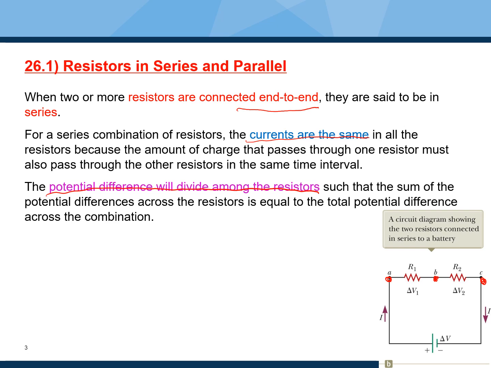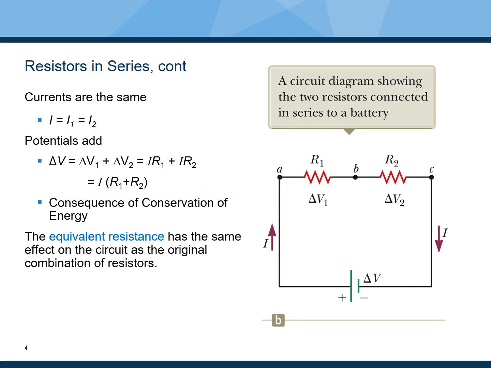So with this stage setting, let's try to be a little more mathematical. We see that current I1 across resistor R1 is equal to current I2 across resistor R2, which is equal to the full current I flowing through the circuit. Now we realize that resistance is defined as voltage divided by current.